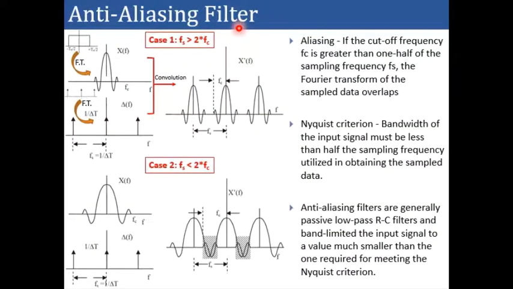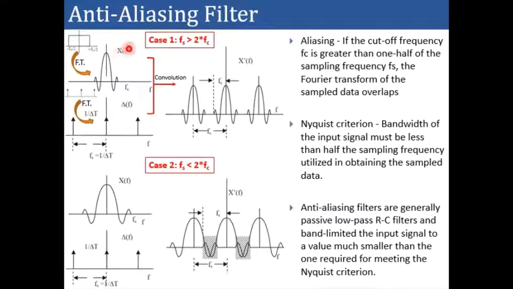When we take the sample of the voltage signal, or maybe the current signal, whatever the measurement quantity, we have the Fourier transform of a rectangular pulse like this. So if you use the impulse train to take the sample of this signal, then the Fourier transform of the impulse train is again an impulse train in the frequency domain.